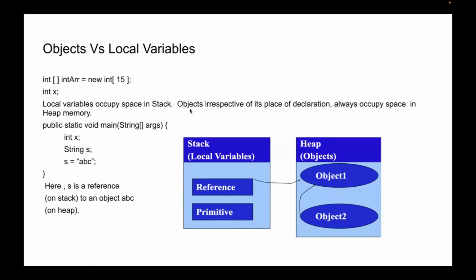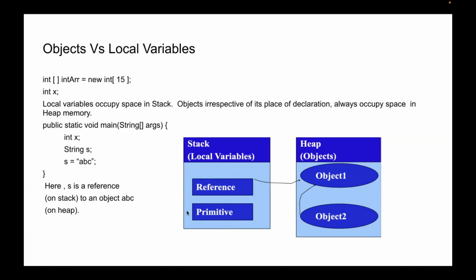This memory management we have seen: local variables will be stored on stack, and whatever objects we create, we'll store them on heaps. We'll study more about this when we study memory management in Java. For now, whatever local variables you have within a method, like this variable x, like this variable s, these are your local variables.